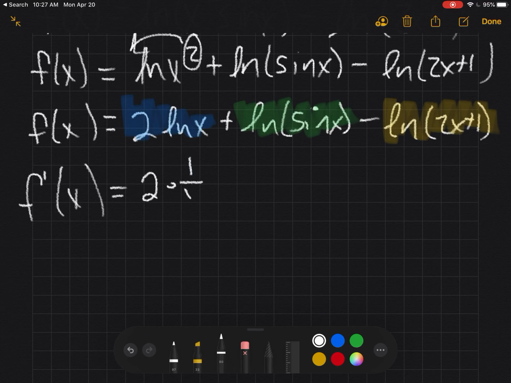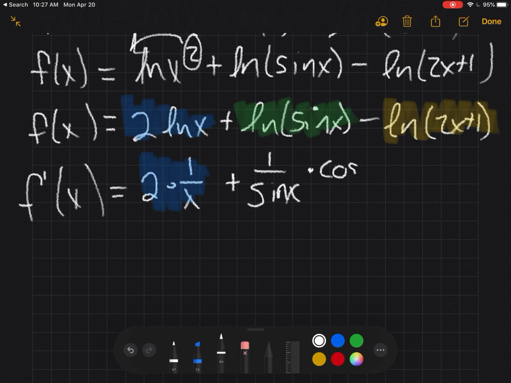So we're going to take the derivative of this function piece by piece: the blue piece, then the green piece, then the yellow piece. The derivative of what you see in blue is 2 times the derivative of ln x, which is 1 over x, so 2 times 1 over x. Then we add the derivative of what we have in green, where we use the chain rule.